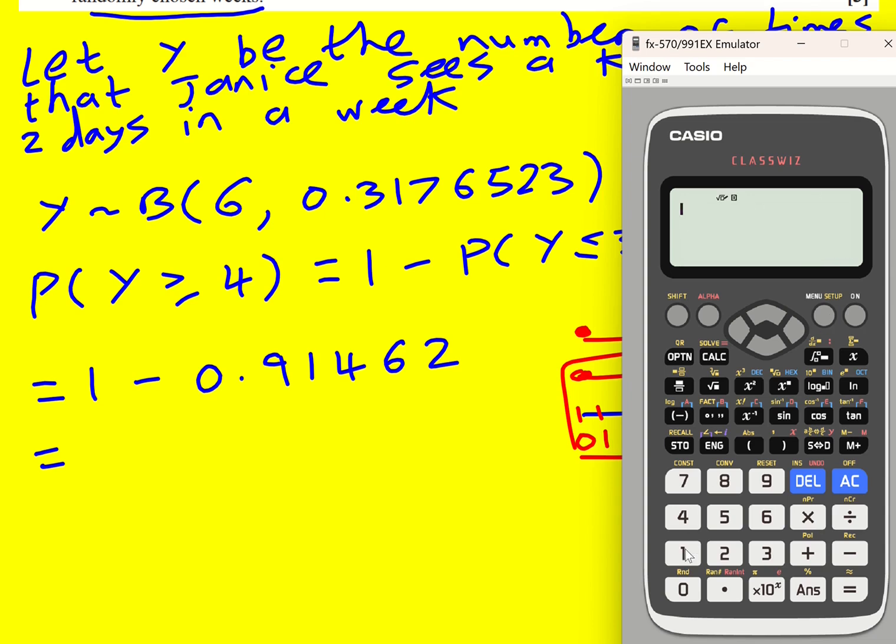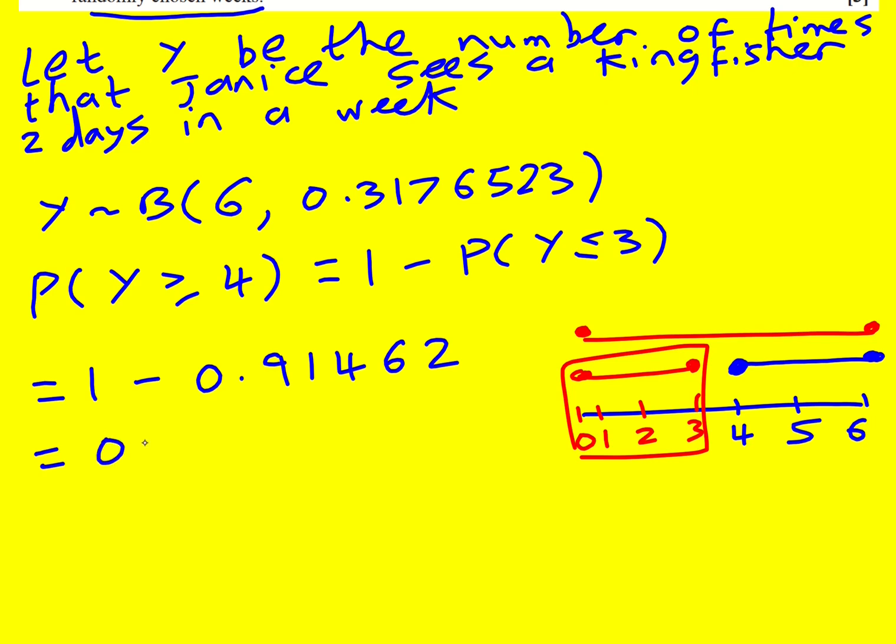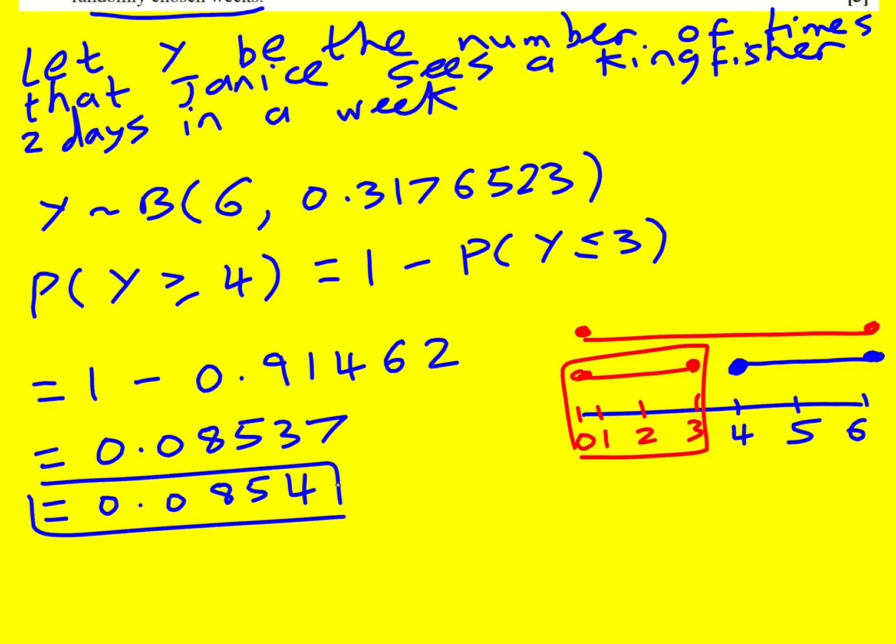So if I go back to menu 1, I do 1 minus answer, and we get 0.08537. And at this point, I rounded to 3 significant figures. Okay, solid binomial question. Well done.